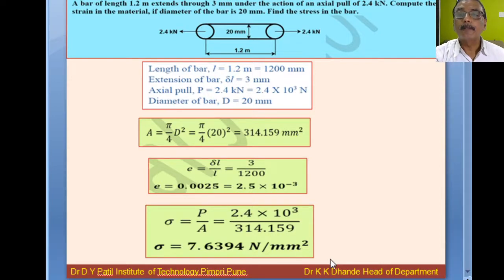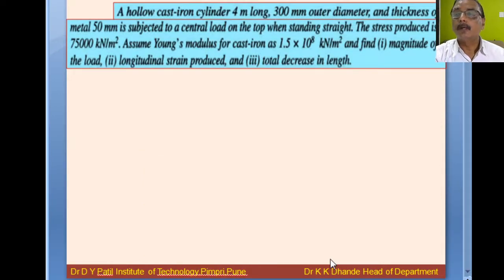Okay. Now come to our third numerical. We will go there. A hollow cast iron cylinder 4 meter long, 300 mm outer diameter and thickness of metal 50 mm is subjected to a central load on the top when standing straight.